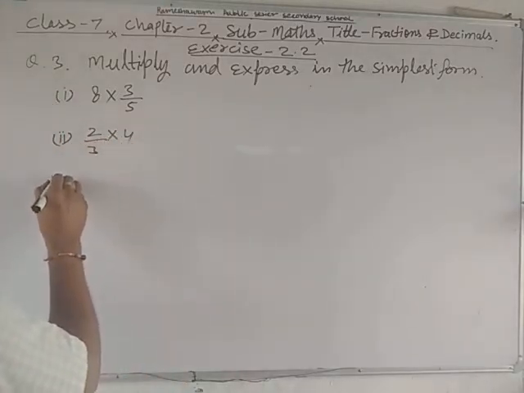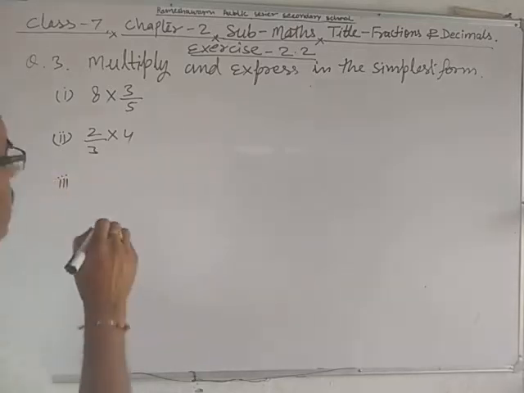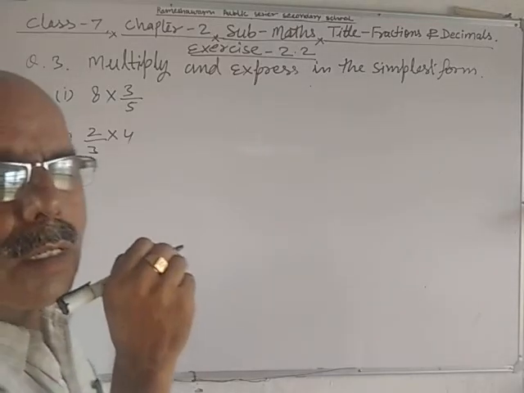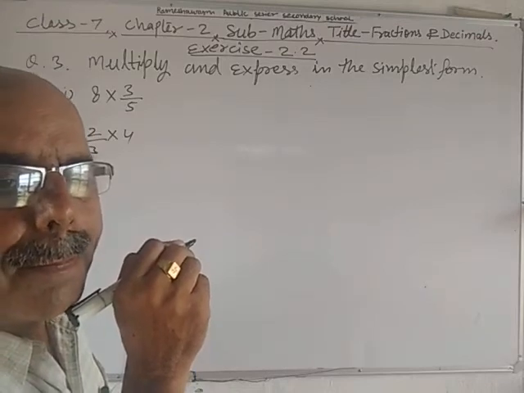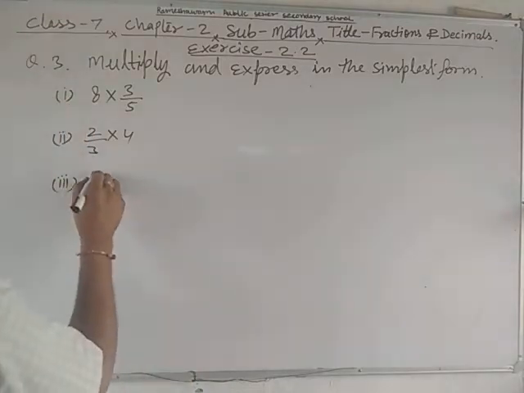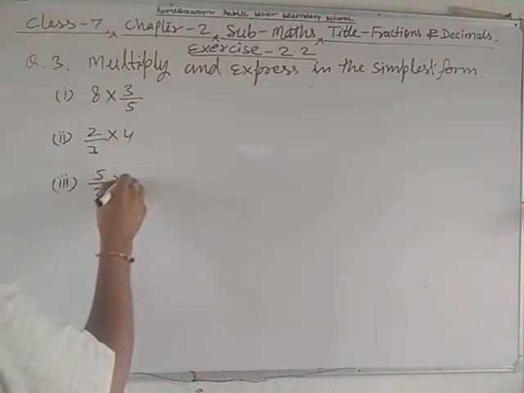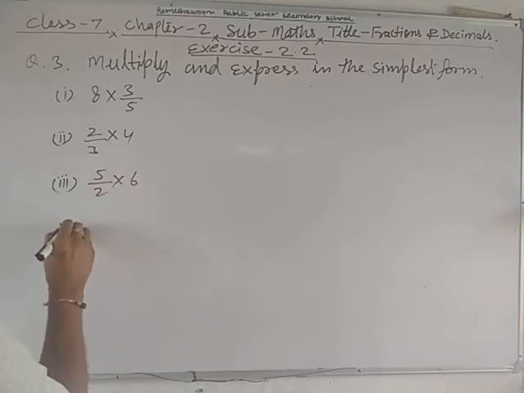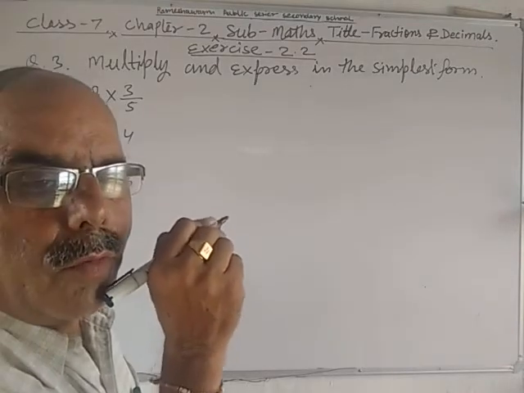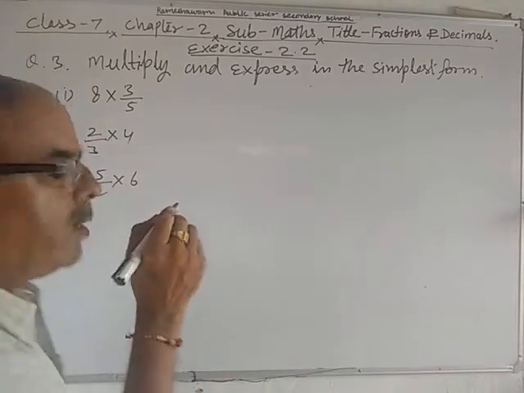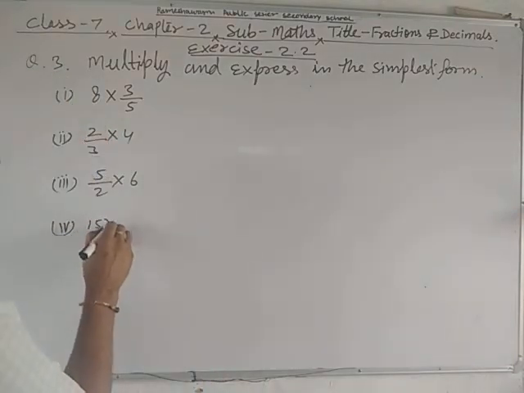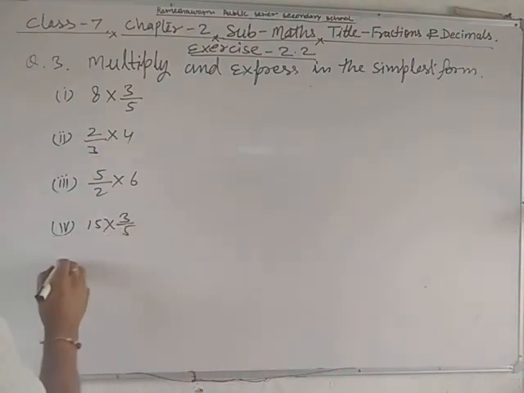The third is 5 upon 2 into 6. The fourth is 15 into 3 upon 5.